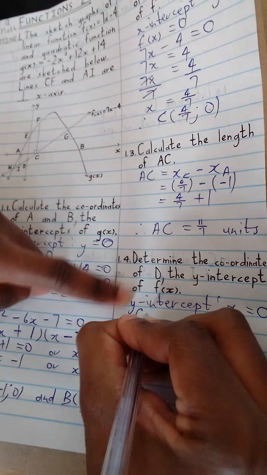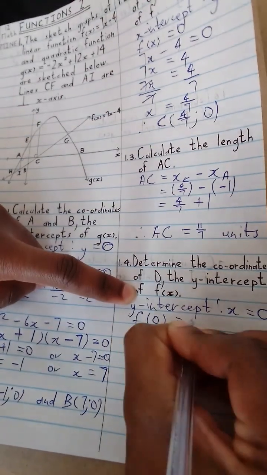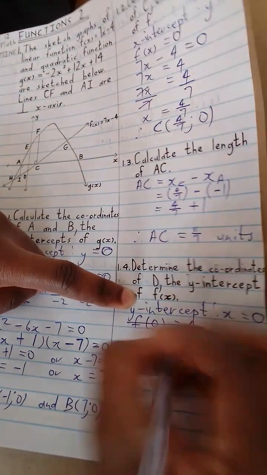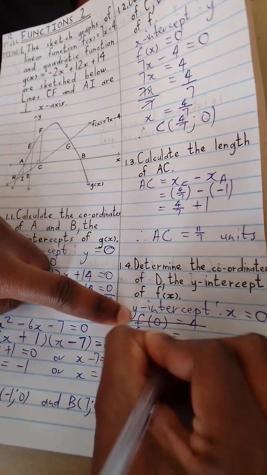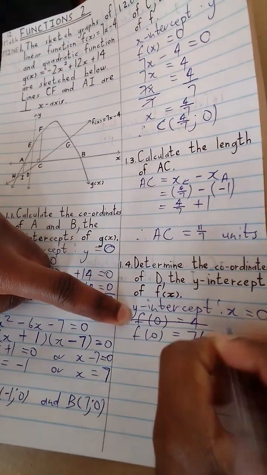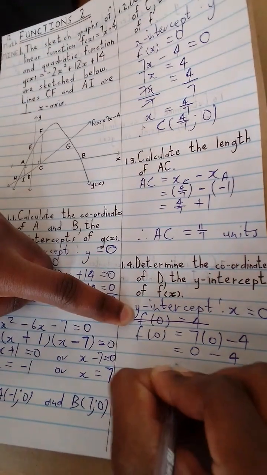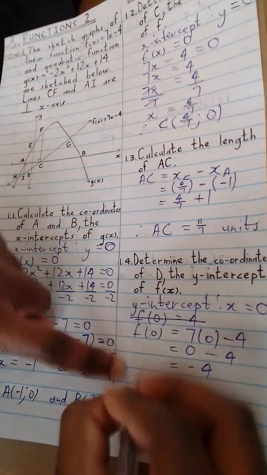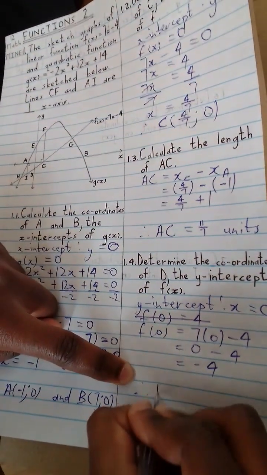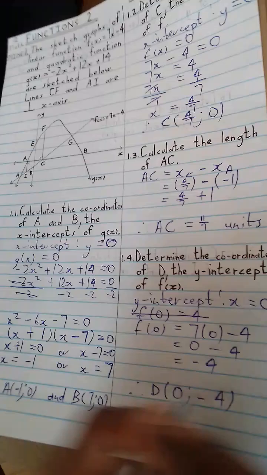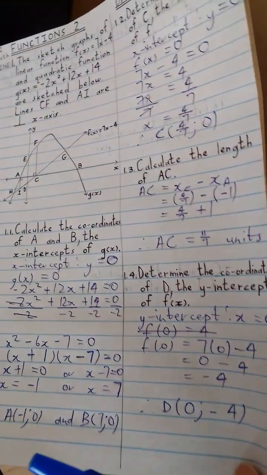So we're going to say f of 0 is 7 times 0 minus 4, which is 0 minus 4, which is negative 4. So D, x is 0 and y is negative 4. I hope that makes sense.